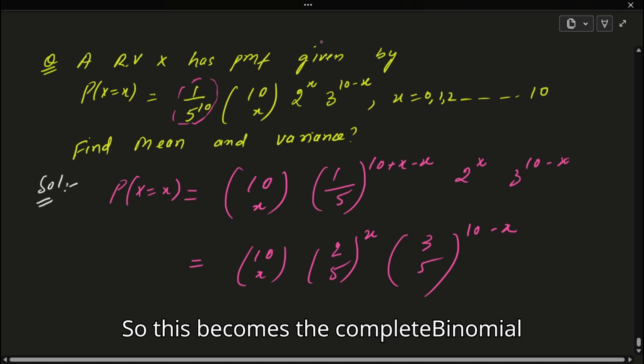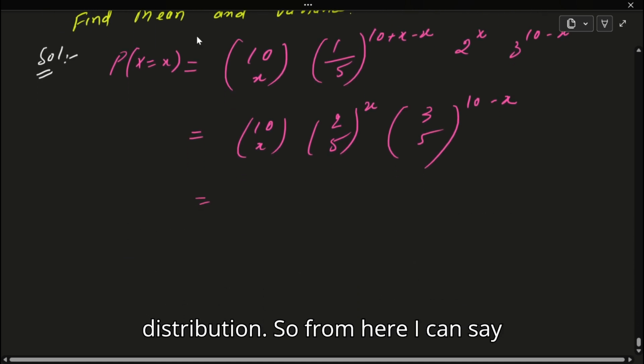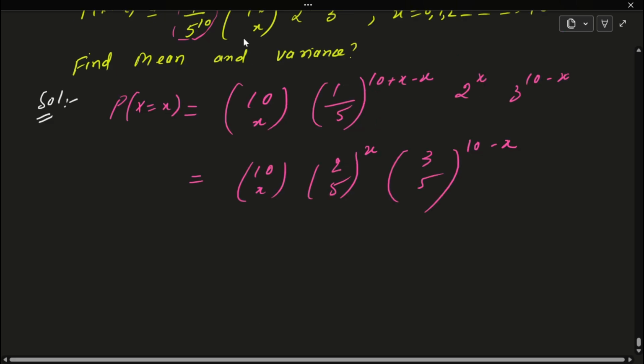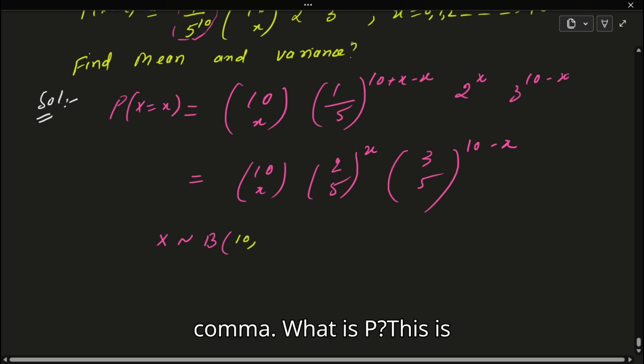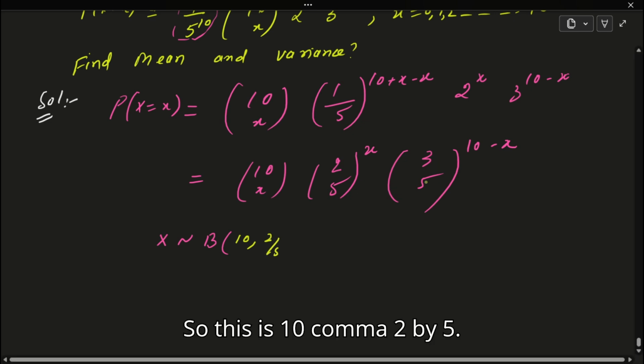So this becomes the complete binomial distribution. From here I can say x follows binomial with n is 10, comma p, since this is nCx p^x q^(n−x). So this is 10 comma 2/5.